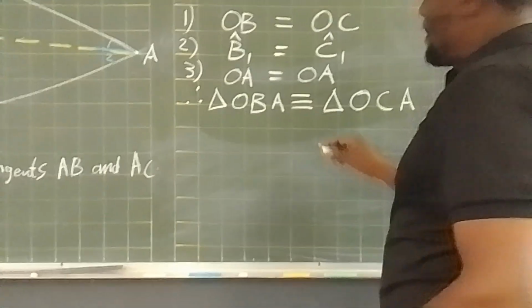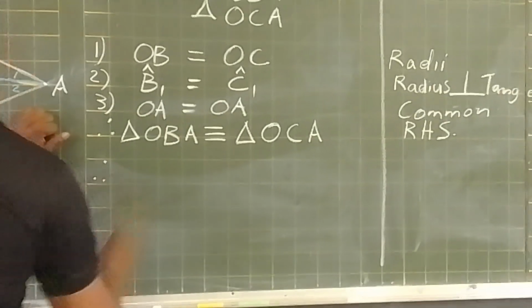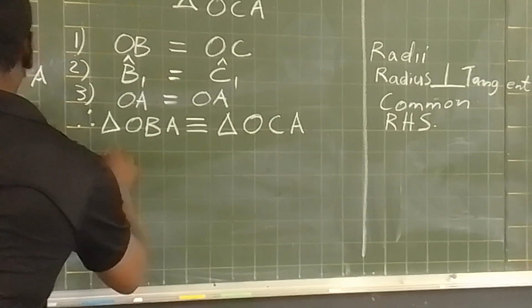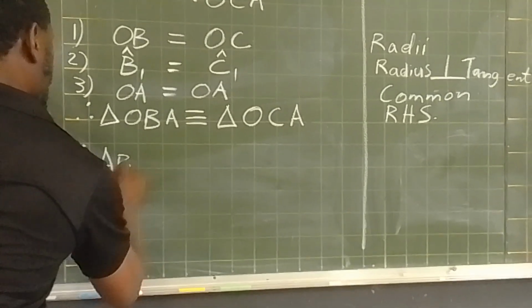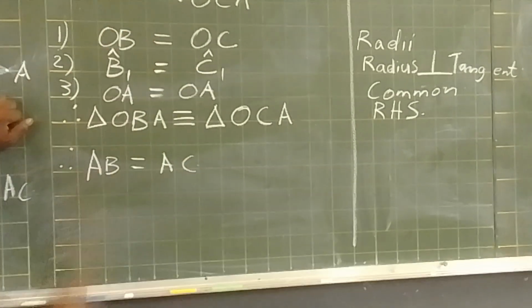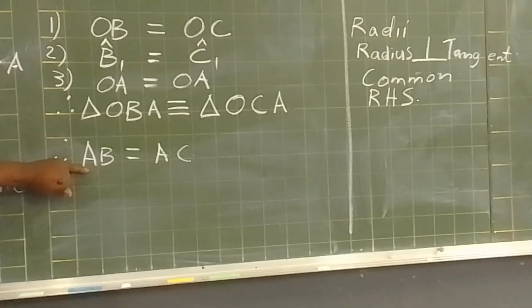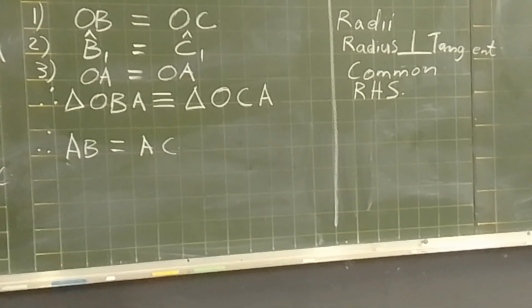Therefore, we can conclude by saying AB is equal to AC. Who can tell me what is the reason for this? This is the third side.